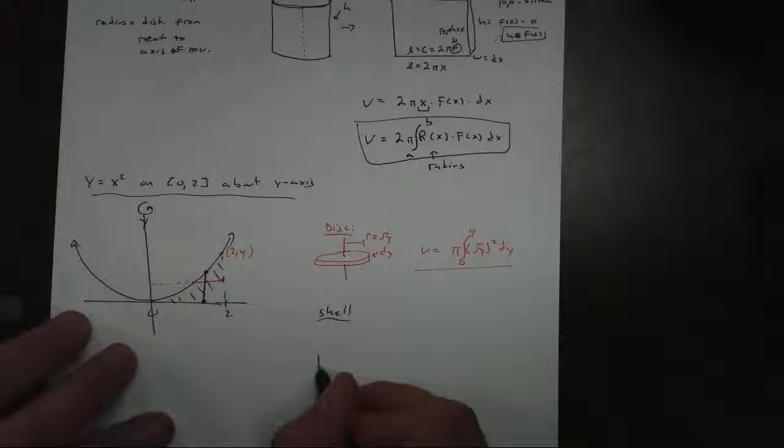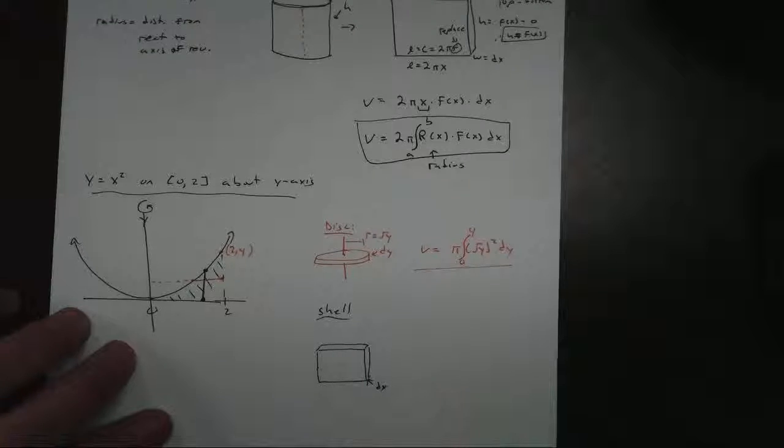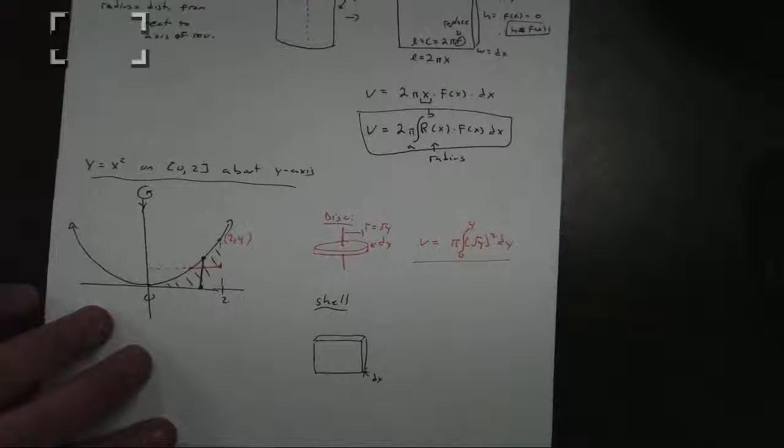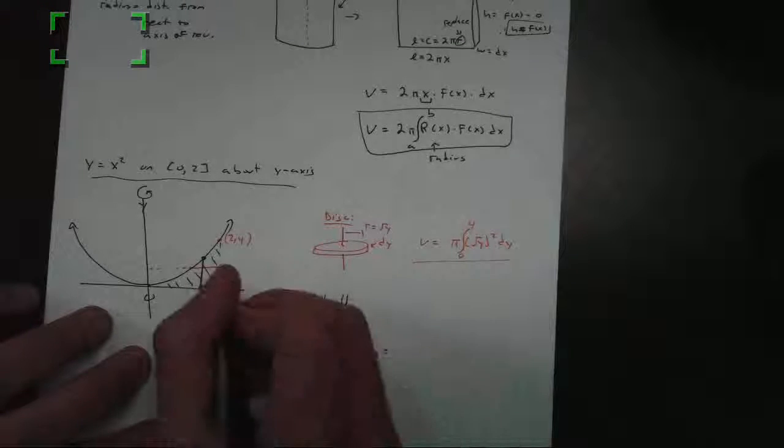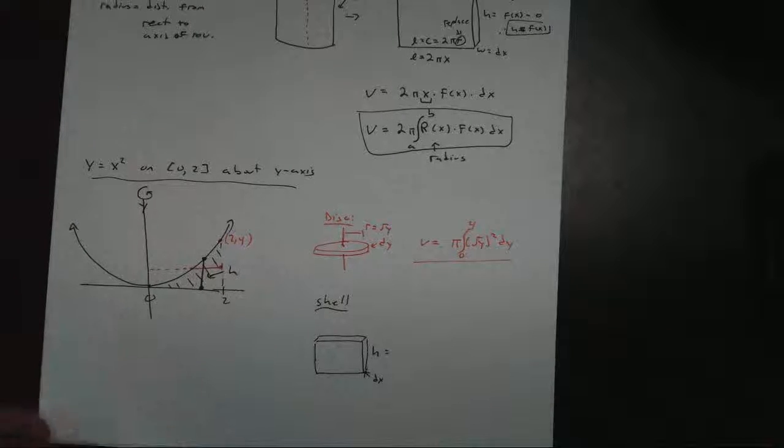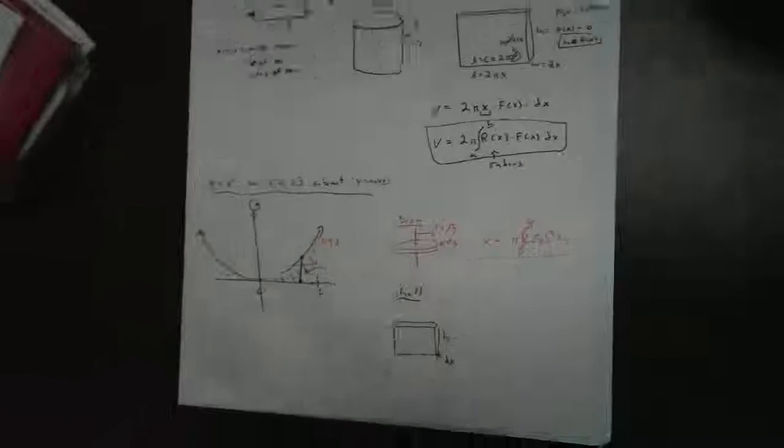But remember, our shell is just some rectangle, like so. There it is. It's dx thick. To get the height of my shell, that's just the height of my rectangle from area under a curve. Kind of neat, huh? So that's just the area under my curve right there.